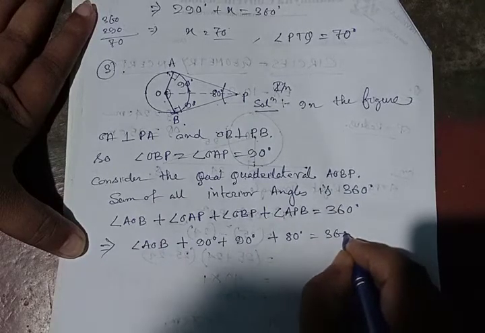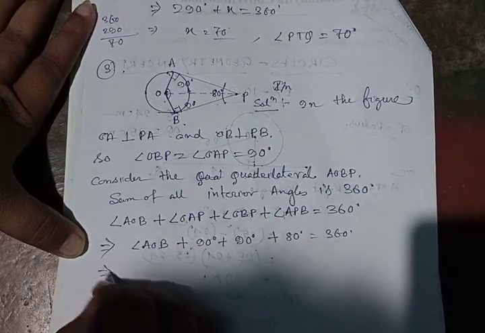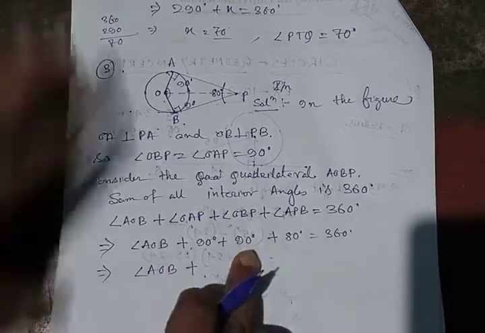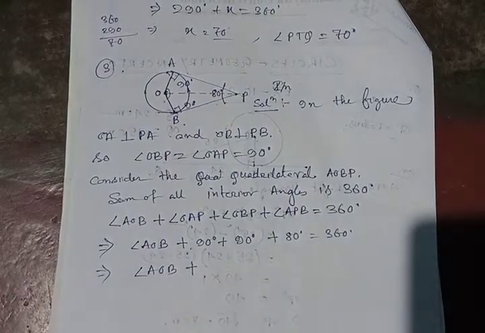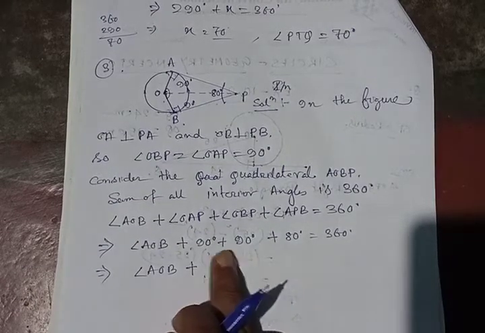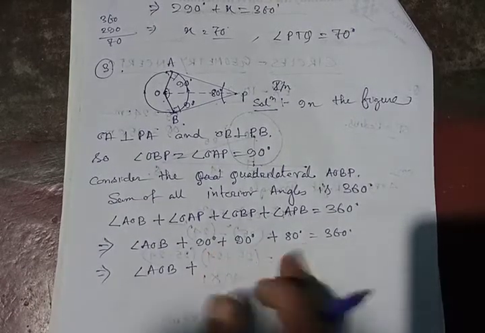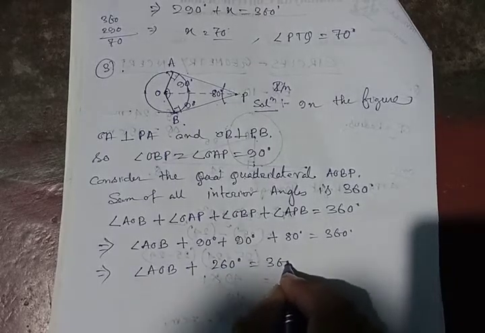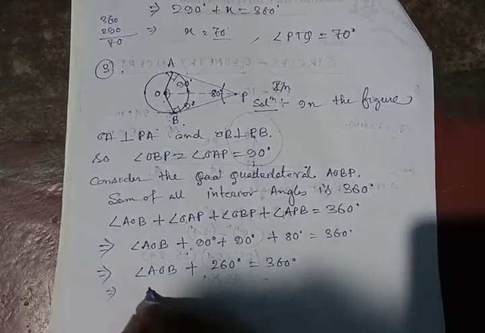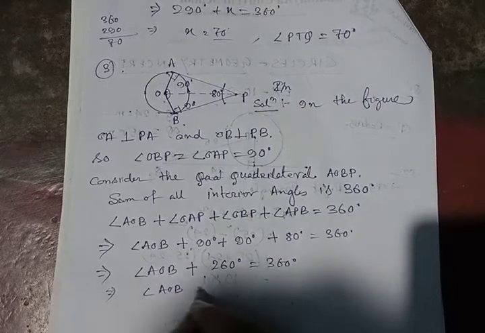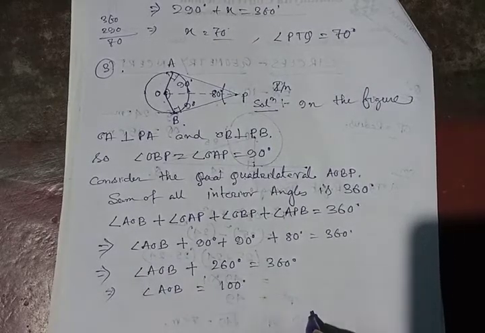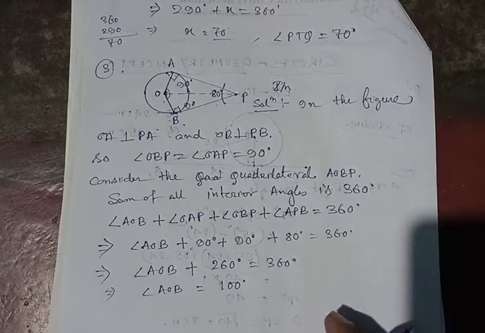That equals 360. Angle AOB plus 180 plus 80 means 260 degree equals 360. So angle AOB equals 100 degree.